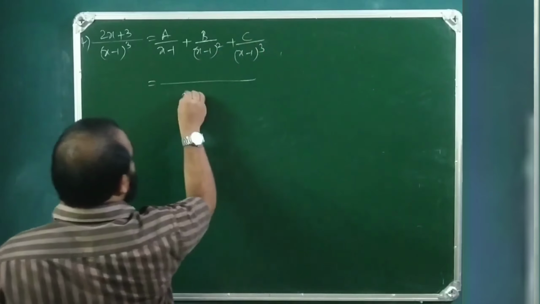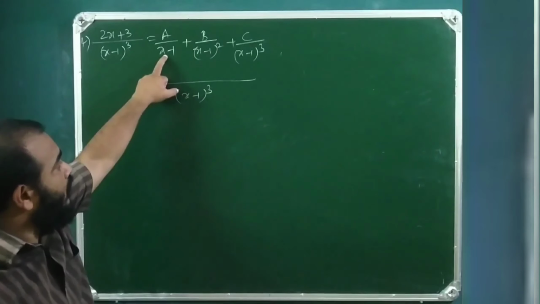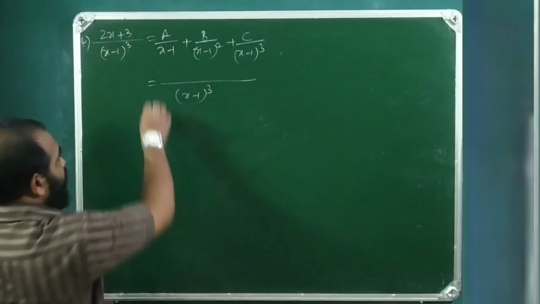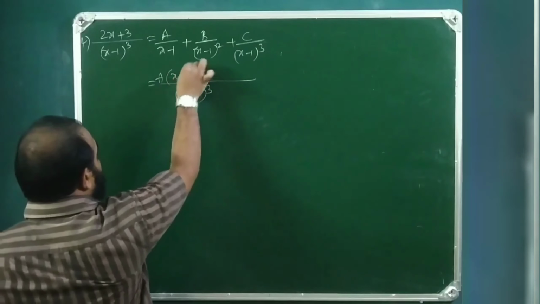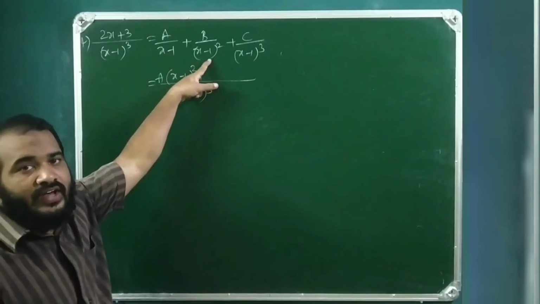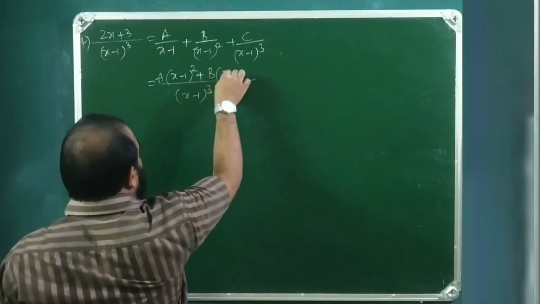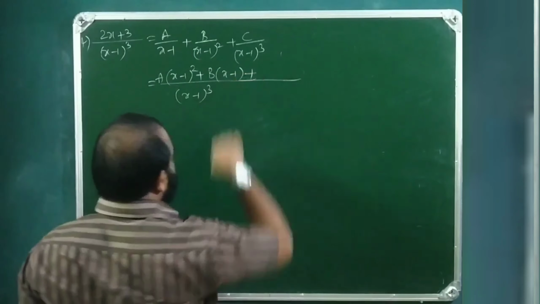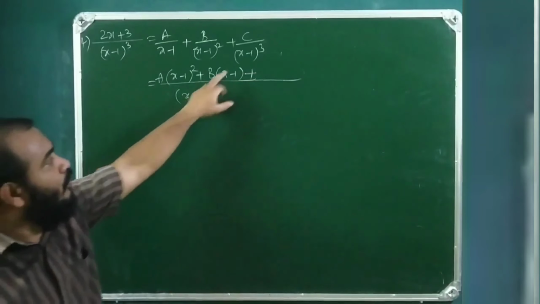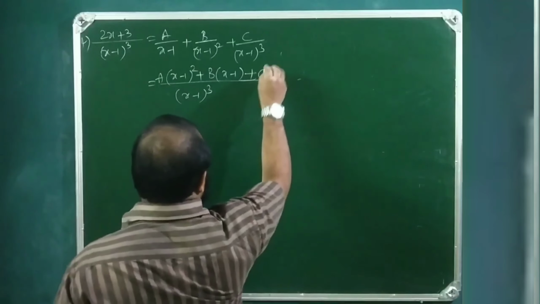So here the LCM is x minus 1 whole cube. x minus 1 whole cube by x minus 1 whole square into A, so A into x minus 1 whole square, plus x minus 1 whole cube by x minus 1 into B, so B into x minus 1, plus x minus 1 whole cube by x minus 1 whole cube gets cancelled. We are left with C here.